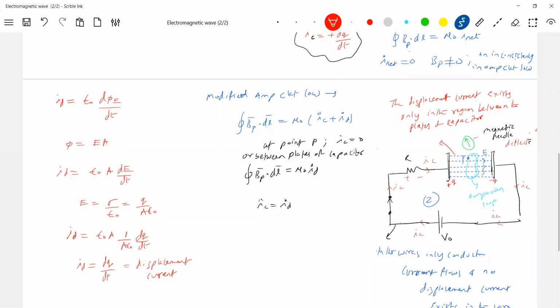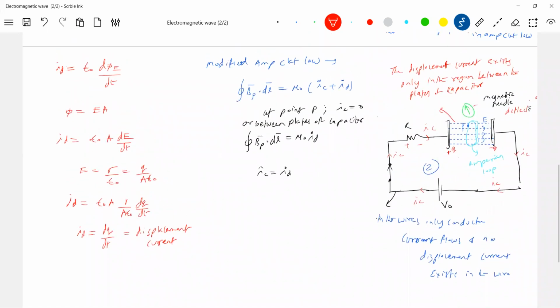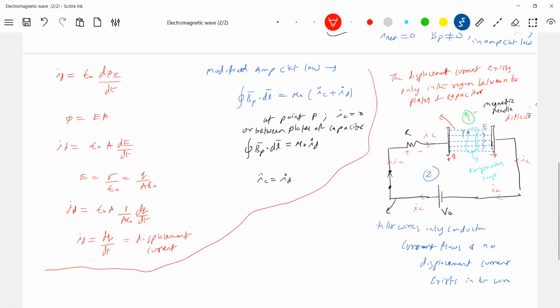What about here? No conduction current. I think I'll write it here, I'll write a note: no conduction current exists between the plates of the capacitor.